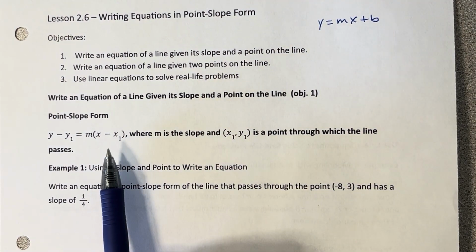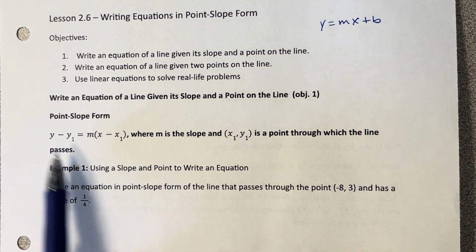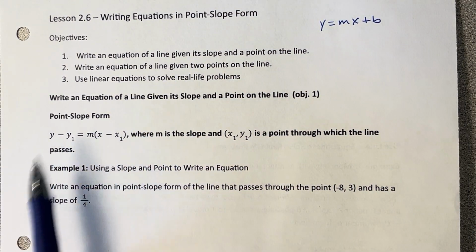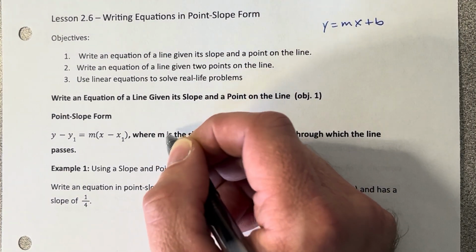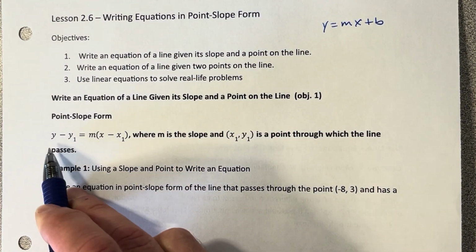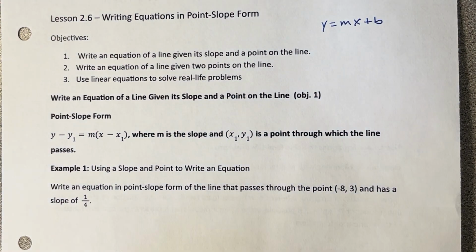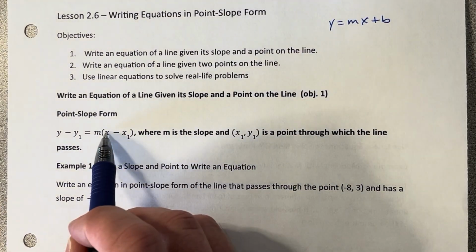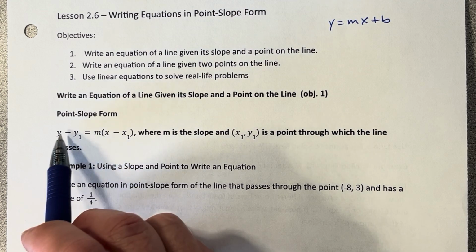Something that might help you to remember that these are minus signs is it turns out this is just the slope formula rewritten. M equals y2 minus y1 over x2 minus x1. It's just rewritten, and they left an x and a y as variables. And so it's still going to have the x and the y as variables.